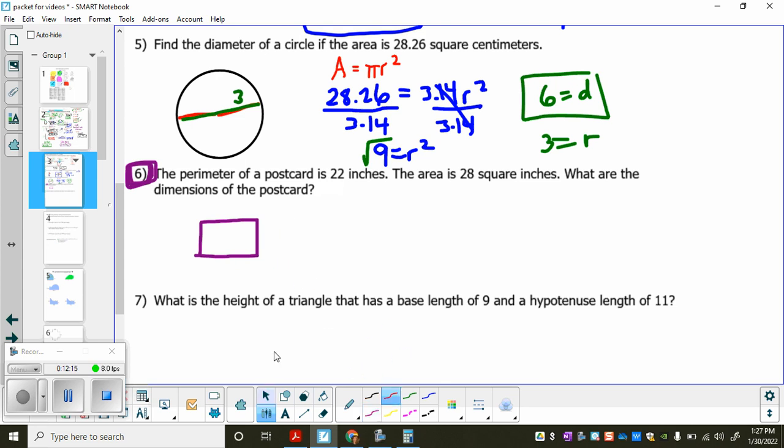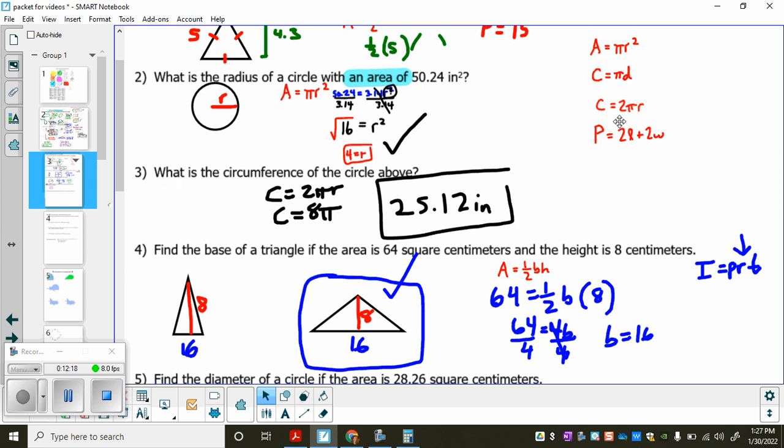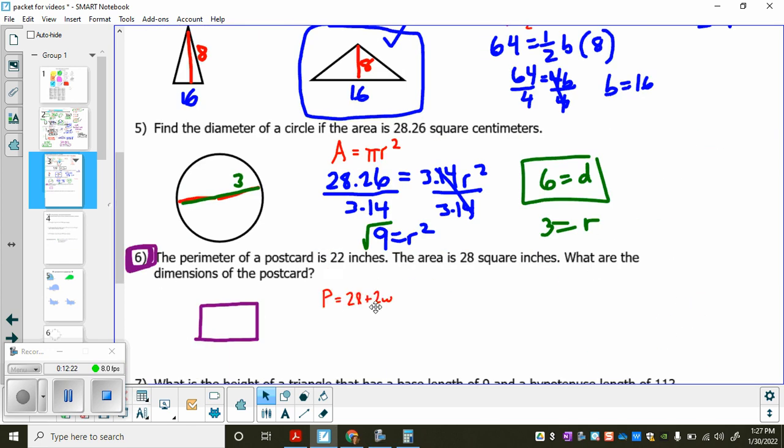So the first thing I want to point out is perimeter. We have a formula for that. It's twice the length plus twice the width. Now we're going to use the given perimeter of 22. Check this out. I've got 22 is twice the length plus twice the width. And I know my handwriting is a little sloppy there.